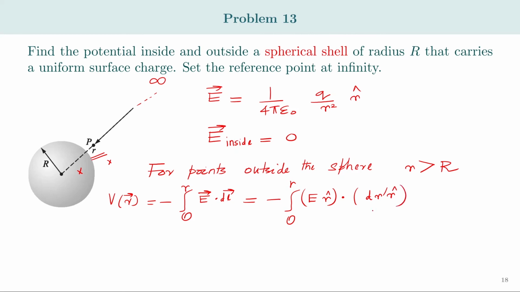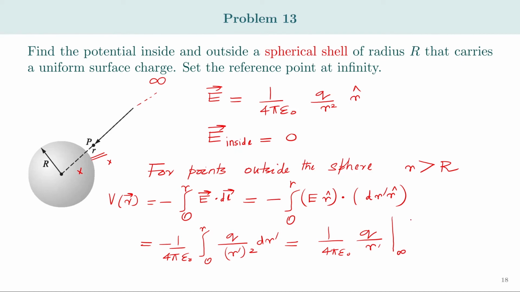Let us assume that an elemental radius vector is dr'. This is equal to 1 over 4 pi epsilon 0, starting from the reference point O to r, q over r' squared dr', and this is equal to 1 over 4 pi epsilon 0 q over r' with the limits from infinity to r, which is equal to 1 over 4 pi epsilon 0 q over r.